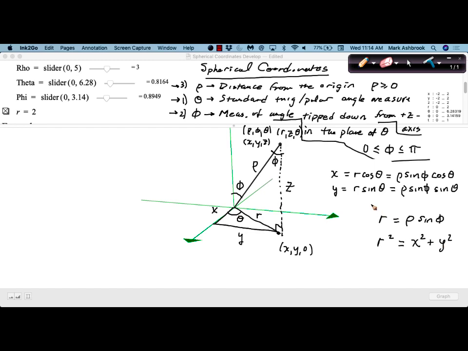Okay, what about z in spherical coordinates then? In cylindrical coordinates, it's just z, right? But in spherical coordinates, what is z? It's another leg of this right triangle, so it's rho cosine phi.